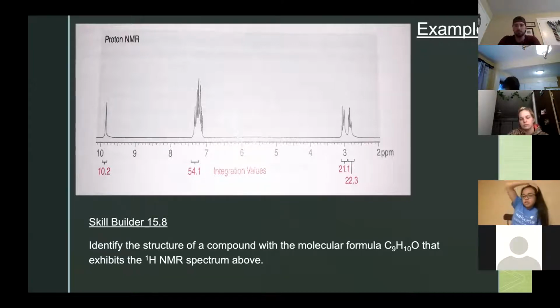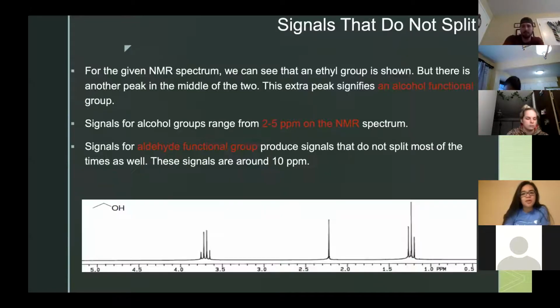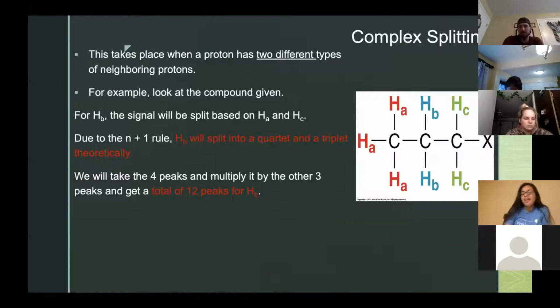I had a question. Can you go over the J values, the quartet of something, because I did not understand.